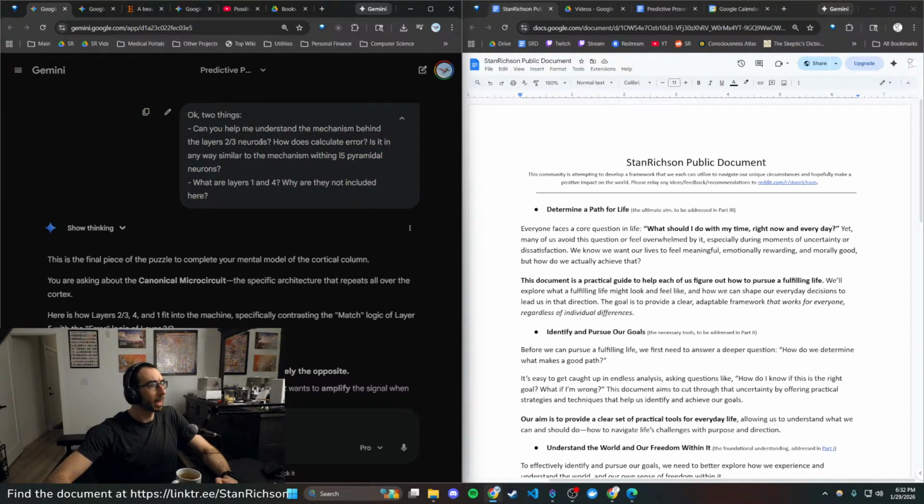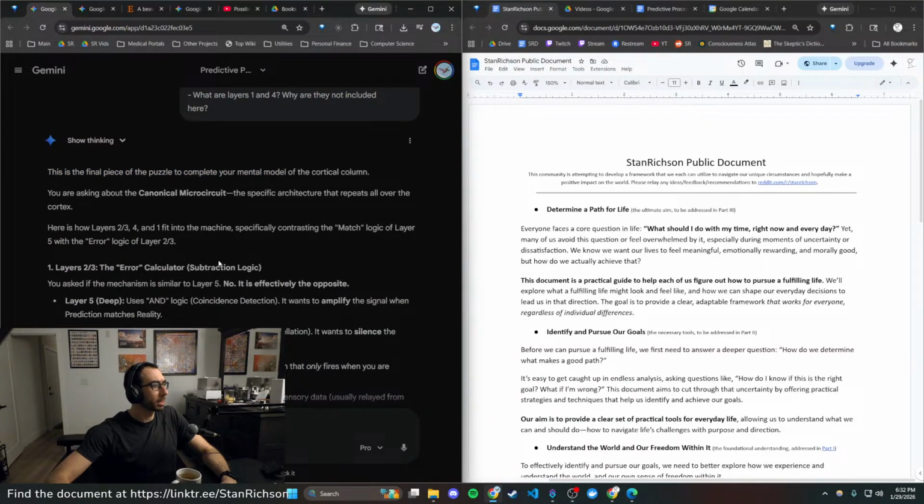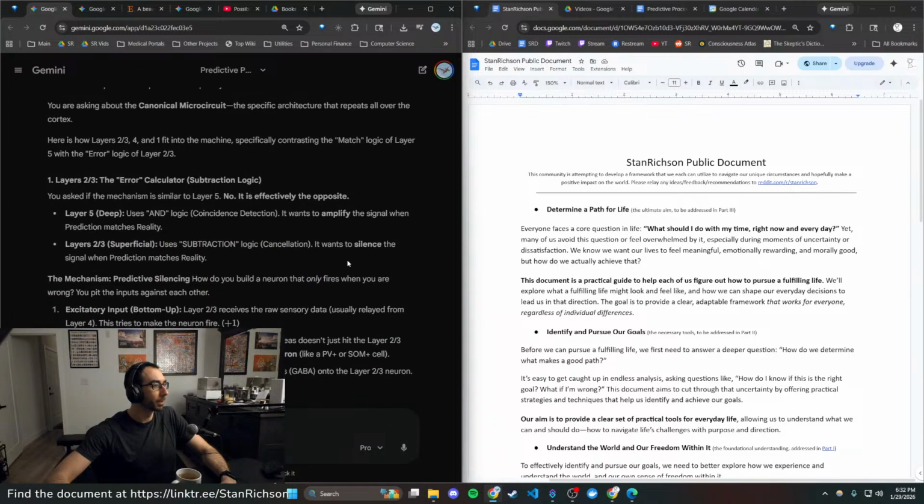And I'm wondering how this acts as some sort of error check, almost like a NOT gate, but we'll see. This is the final piece of the puzzle to complete your mental model of the cortical column. You are asking about the canonical microcircuit, the specific architecture that repeats all over the cortex. Here is how layers 2, 3, 4, and 1 fit into the machine, specifically contrasting the match gate of layer 5 with the error logic of layer 2 to 3.